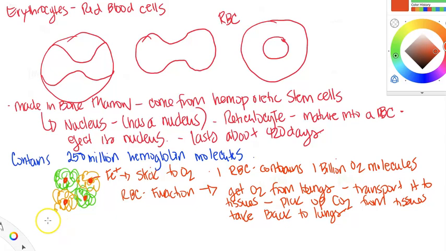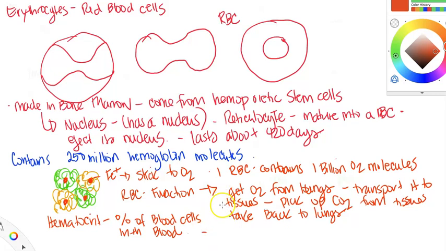All right, hematocrit, you've probably heard that term. Hematocrit is the percent of blood cells, red blood cells, in the blood. So that's what they're seeing when they take your hematocrit if you're at the doctor.